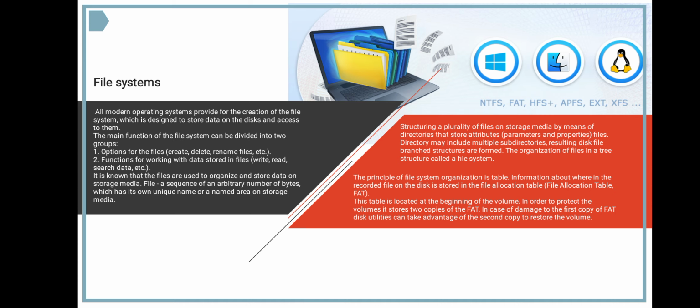Information about where the recorded file is stored on the disk is kept in the file allocation table, located at the beginning of the volume. To protect the volume, two copies of the FAT are stored. In case of damage to the first copy of the FAT, disk utilities can use the second copy to restore the volume.